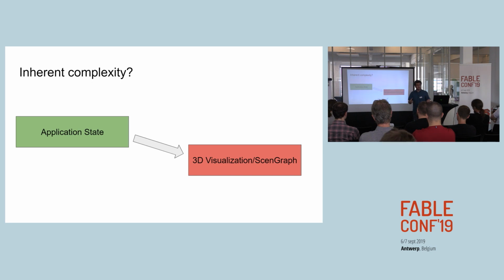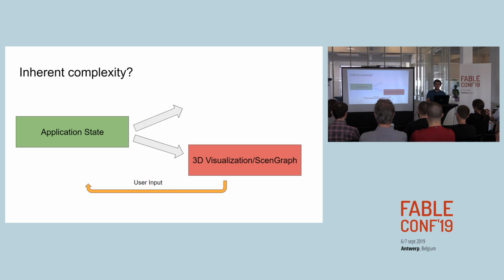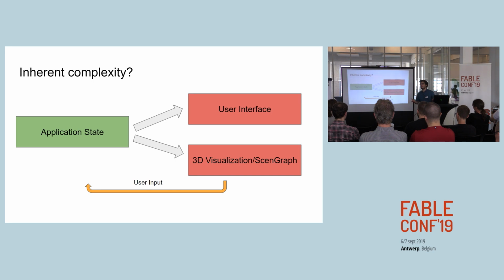So this is fine. But what's getting more crazy is if you have user input, you feed it back into the application state, and you get some kind of callback held there by managing your application state. But of course, this is not new. This is totally known also for normal user interface applications.